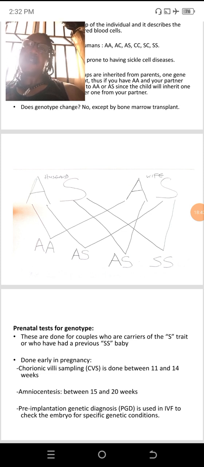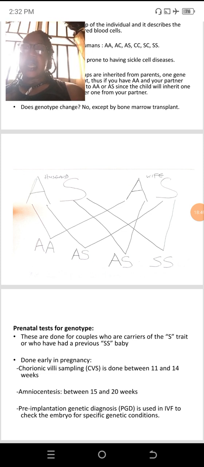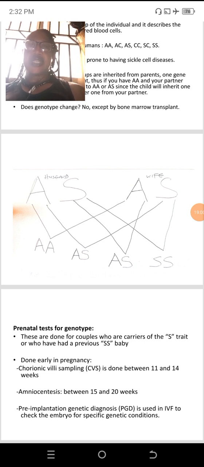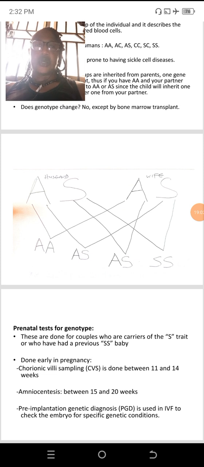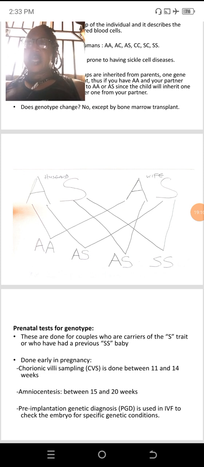Then there could be episodes of pain, body pain, bone pain, then anemia. Anemia will be present. Then the growth might be delayed, and some babies might have vision problems. So these are some of the signs that might make you suspect that a child is SS.